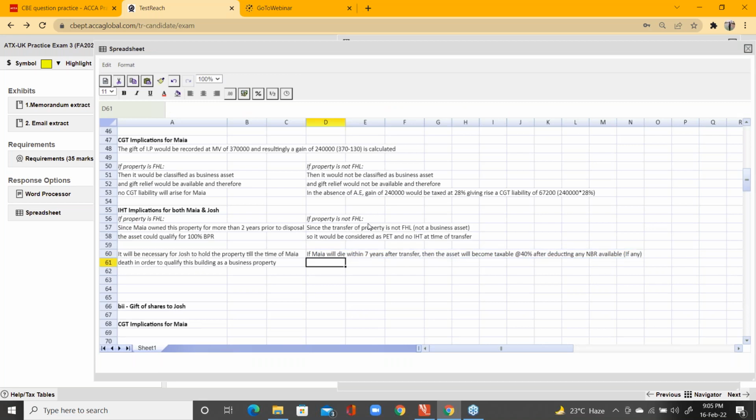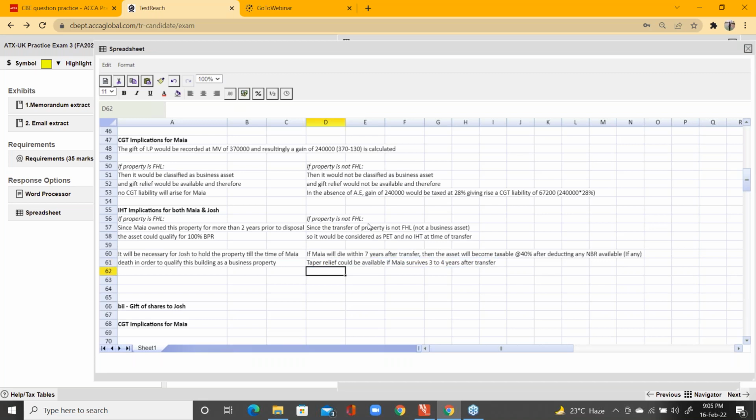We know one thing, that if any asset is becoming taxable at the time of death, that asset can be covered from the nil rate band of the death year if available. Furthermore, another relief, taper relief, could be available if Maya survives 3 to 4 years after transfer.